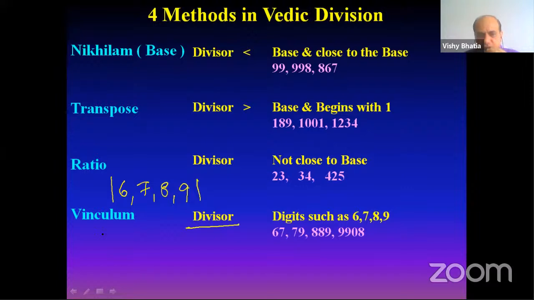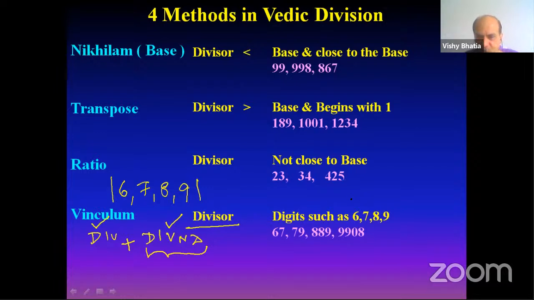And mind you, there is a divisor and there is a dividend. We can vinculumize either the divisor or the dividend. Both can be vinculumized. Again, the concept of vinculumizing the dividend is not mentioned in any Vedic maths textbook or on any YouTube video.